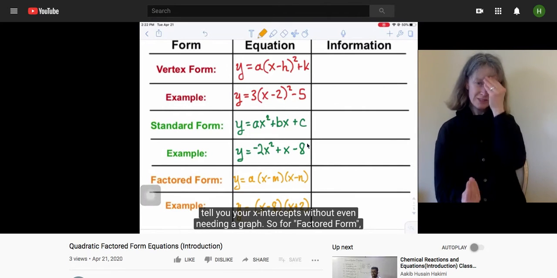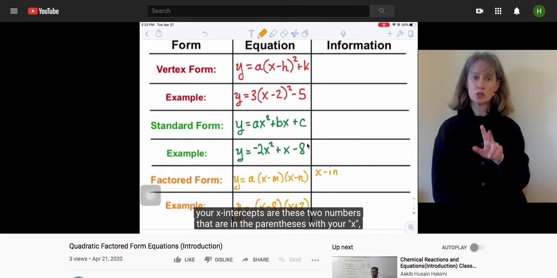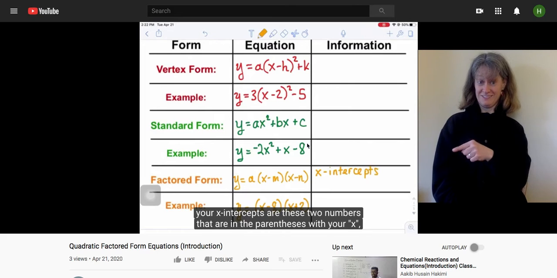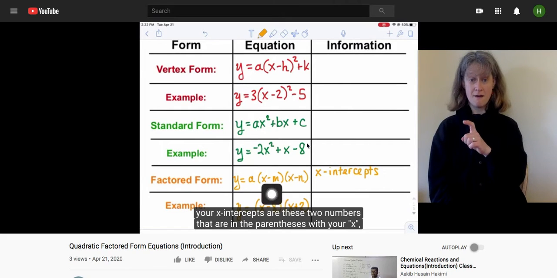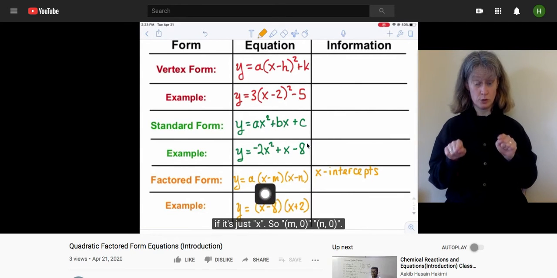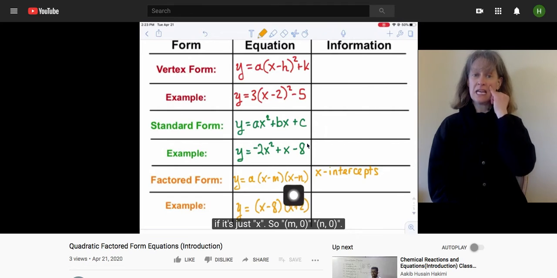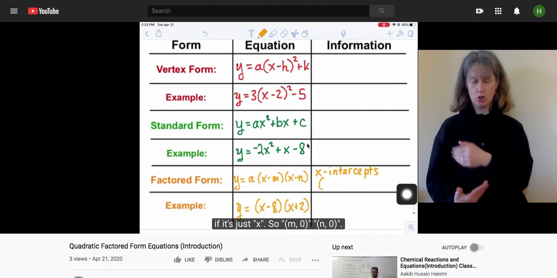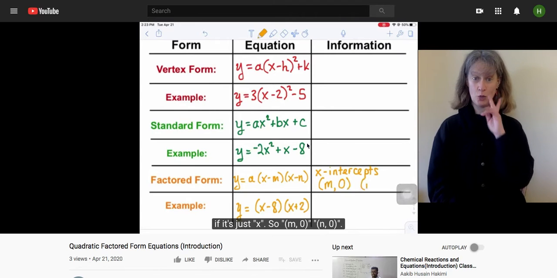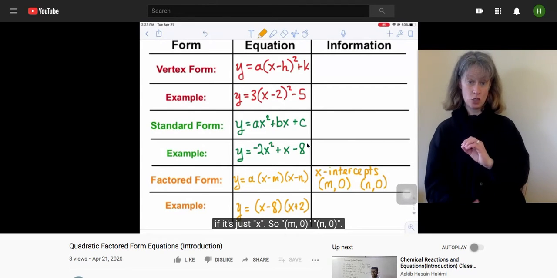So for factored form, your x-intercepts are these 2 numbers that are in the parentheses with your x, if it's just x. So m, 0, and n, 0.